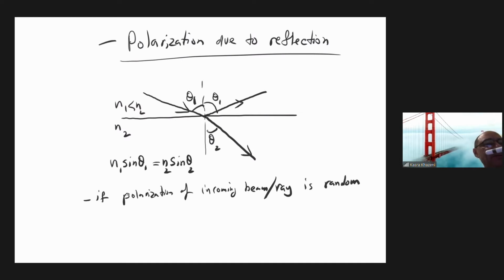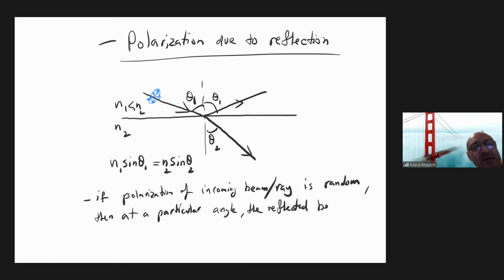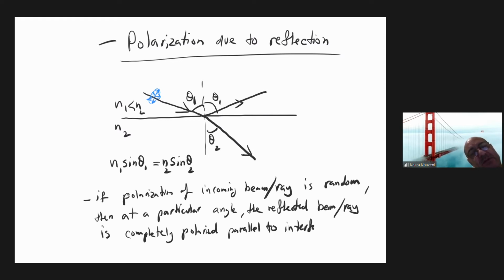So remember, if the beam is randomly polarized, if it's everywhere, the incoming beam, then at a particular angle, which we'll talk about in a second, the reflected beam is completely polarized parallel to the interface surface. Now, that's a lot of words, but let me explain to you.